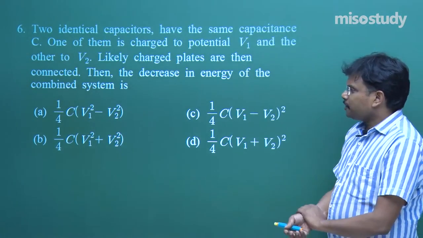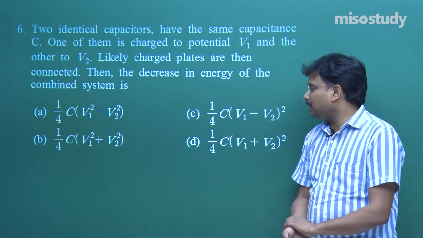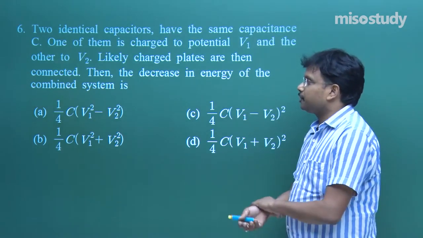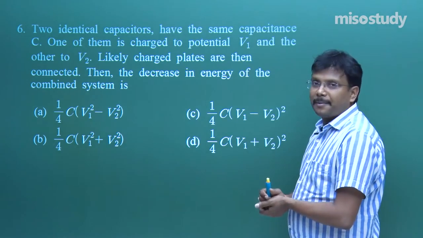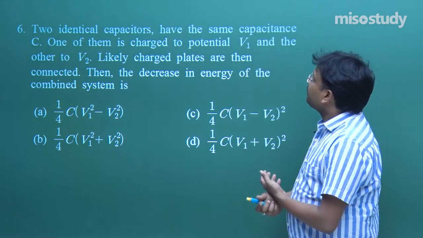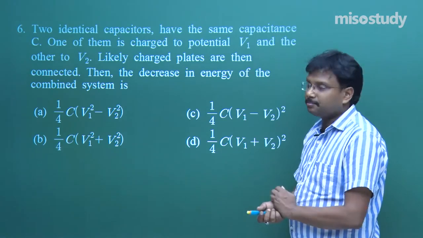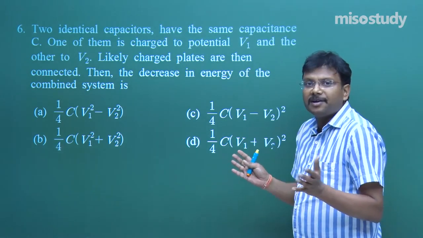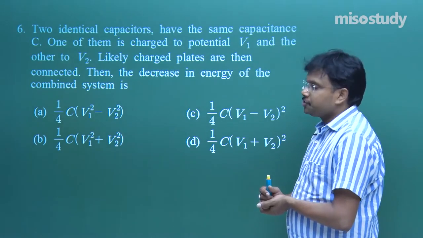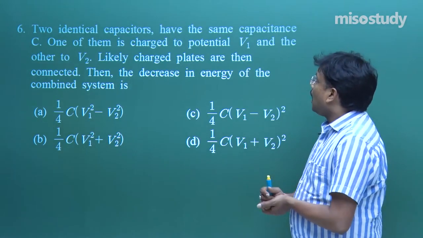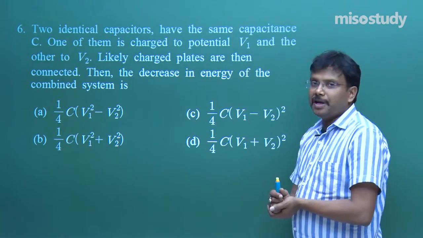The question is simple, not very difficult, so let us try to understand. You have two identical capacitors with the same capacitance C. One of them is charged to potential V1 and the other to potential V2.